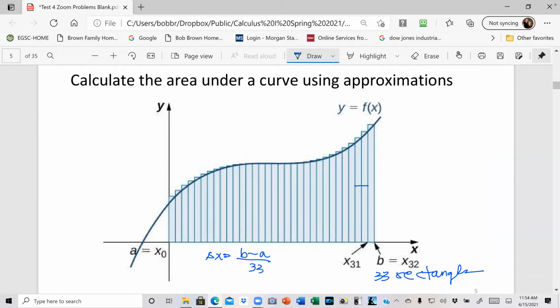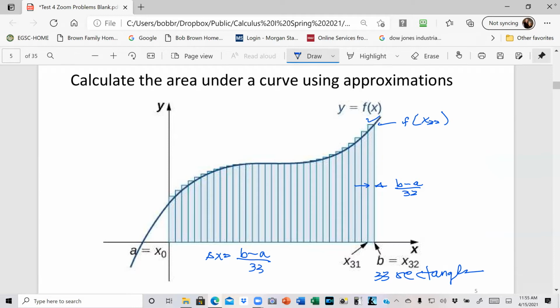And so a typical rectangle would have a width of b minus a over 32. And the height of this last rectangle would be basically f of x at 32. So you would sum up all these rectangles, and that would give you a much better estimate than if you just use 4, obviously.